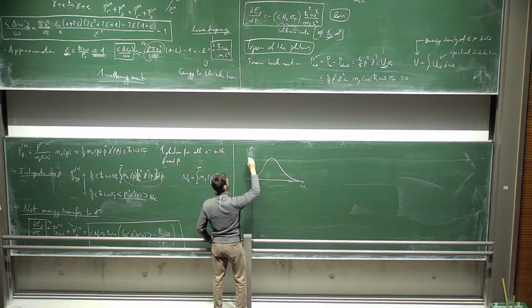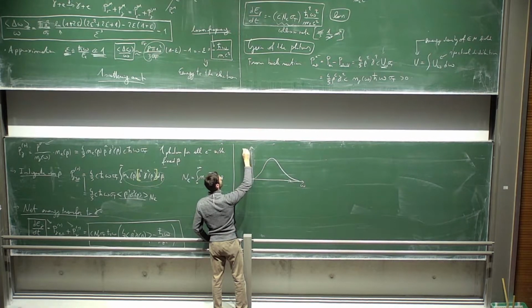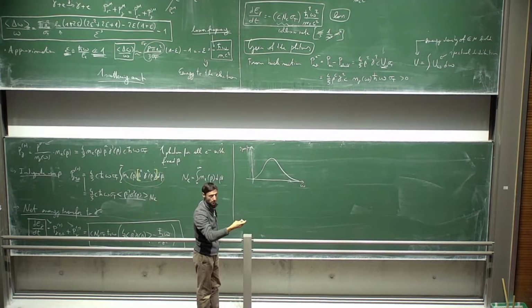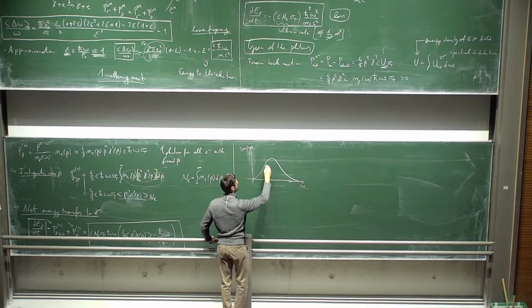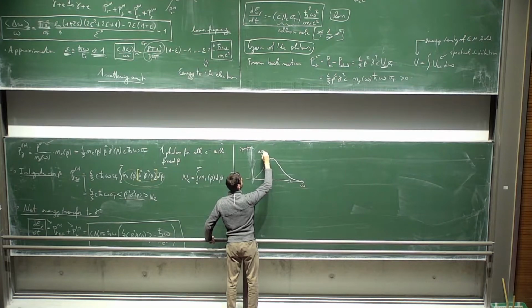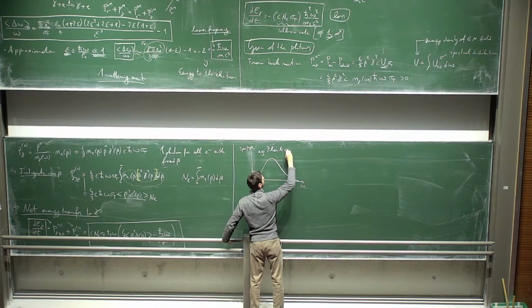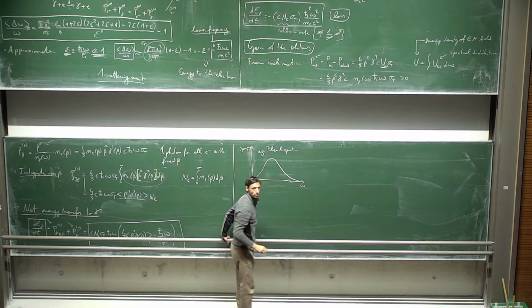So that's omega, and that's your spectrum. That's the energy distribution as a function of frequency. And let's take, for example, the Planck spectrum, which I'm going to derive in the next lecture.